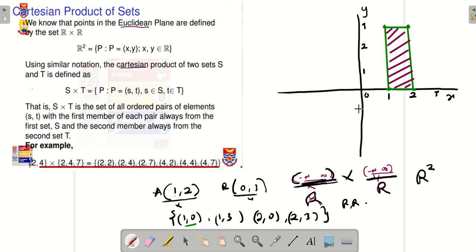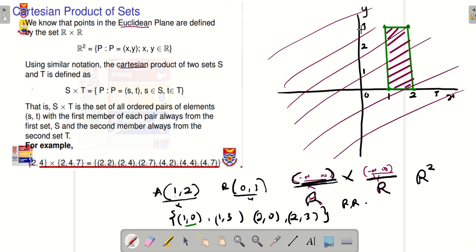What it means is that looking at all this Cartesian plane, the Cartesian plane has an infinite number of elements ranging from negative infinity to positive infinity.